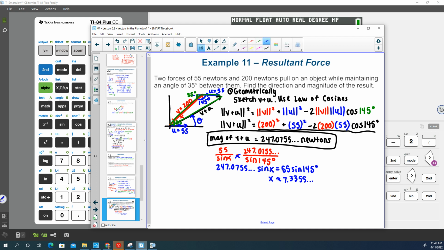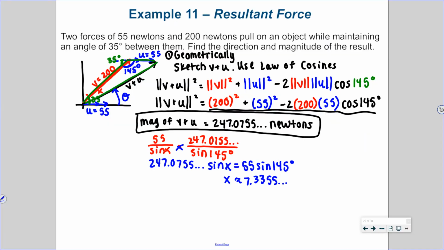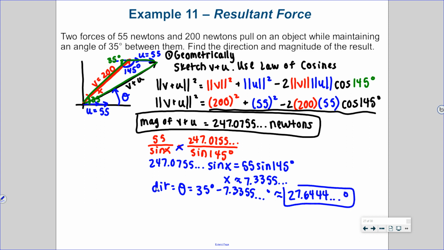Now remember, that's not my answer. To find the actual direction angle, which I call theta, we'd have to do 35 degrees minus x. So 27.6444 would be the direction of that resultant vector.